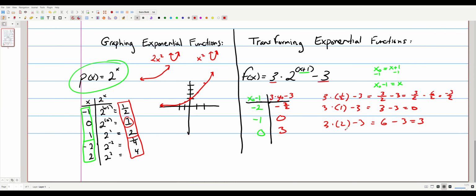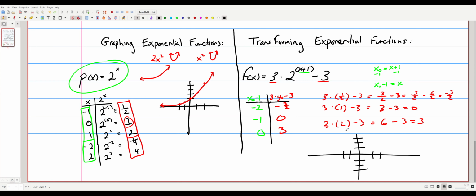And so if we wanted to graph our new function, our transformed version of the parent function, we're going to need 1, 2, 3, and -1. Let me try that again. -1, -2, 1, 2, 1, 2, 3.